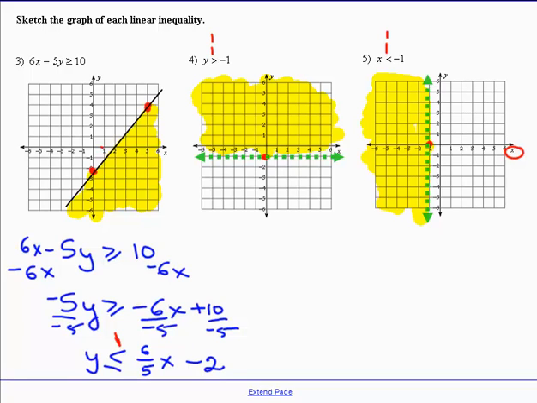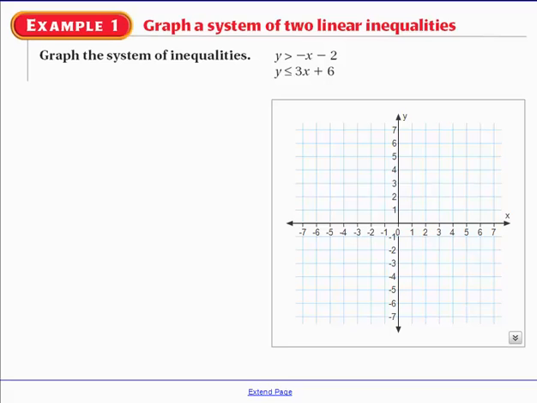Okay, so now we're ready to put several inequalities on the graph. So let's take a look at example 1. Okay, so I'm going to use different colors here. My first line has a dashed border line. The y-intercept is -2.